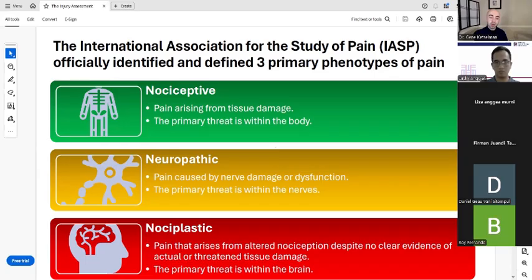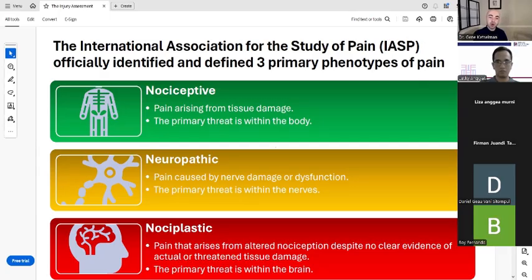So remember, we talked about the primary categories of nociceptors: thermal, chemical, and mechanical. So if there is information coming from those nociceptors and the brain feels threatened, that is nociceptive pain. The primary threat in these patients is within the body. So the threat to the brain is within the body.